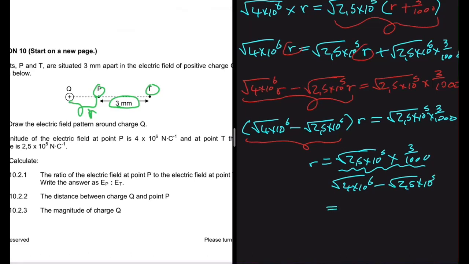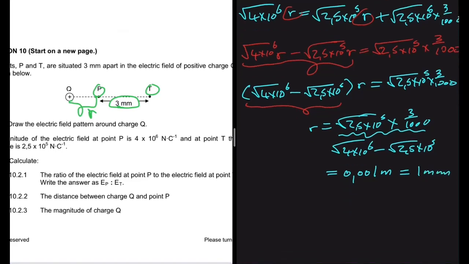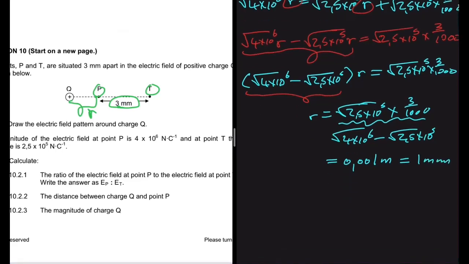And then now you can finally put this expression in the calculator in an attempt to find the final answer, right? And you should get 0.001 meters, right? That is also equal to 1 millimeter. So the distance between Q and point P is 1 millimeter, or 0.001 meters.